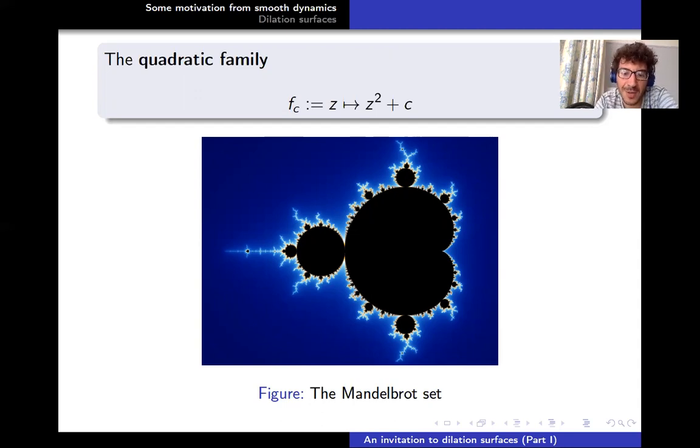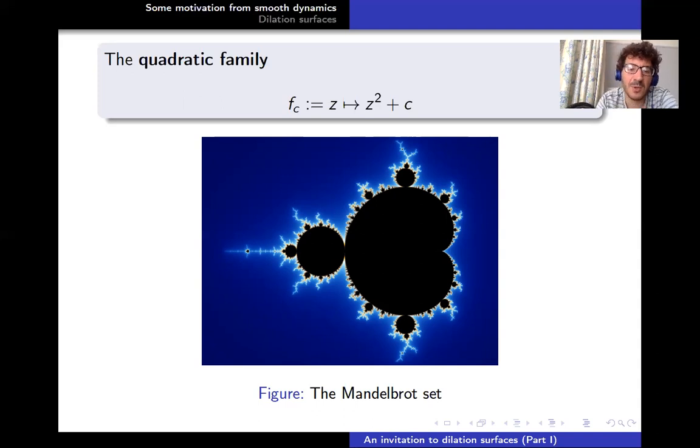So the Mandelbrot set represents the parameter space. To each point in the Mandelbrot set corresponds a parameter c, and it gets a color depending on what you see when you start iterating this map f_c.